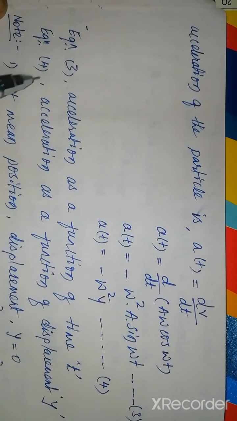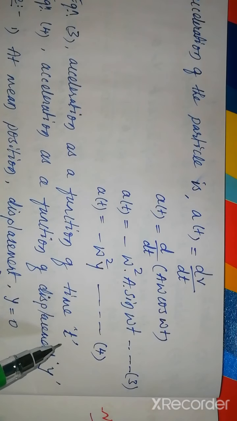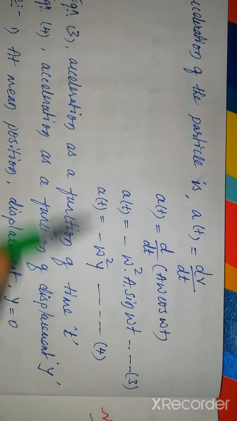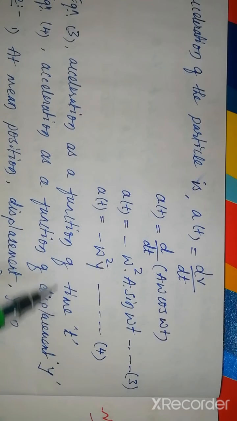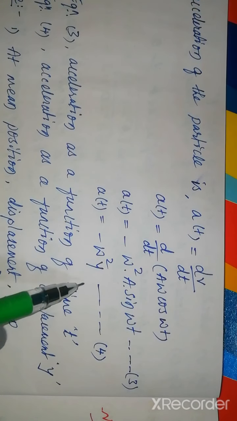Here, equation 3 is acceleration as a function of time. So acceleration also varies periodically with time t. Hence equation 3 is acceleration as a function of time t, and equation 4 is acceleration as a function of displacement y.